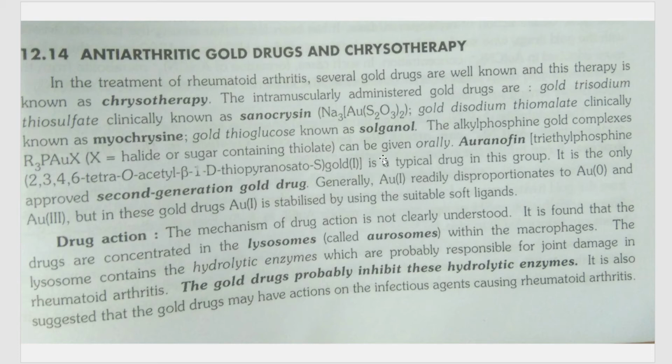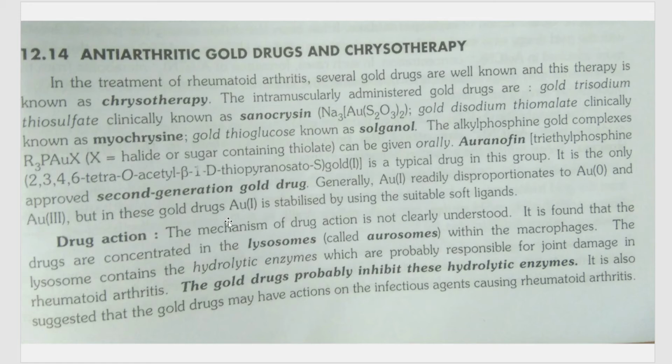There's one drug which can be given orally, that is alkyl phosphine gold complexes. These complexes can be given to the patient orally to treat arthritis. Usually gold in the oxidation state +1 readily undergoes disproportionation to give oxidation states 0 and +3.